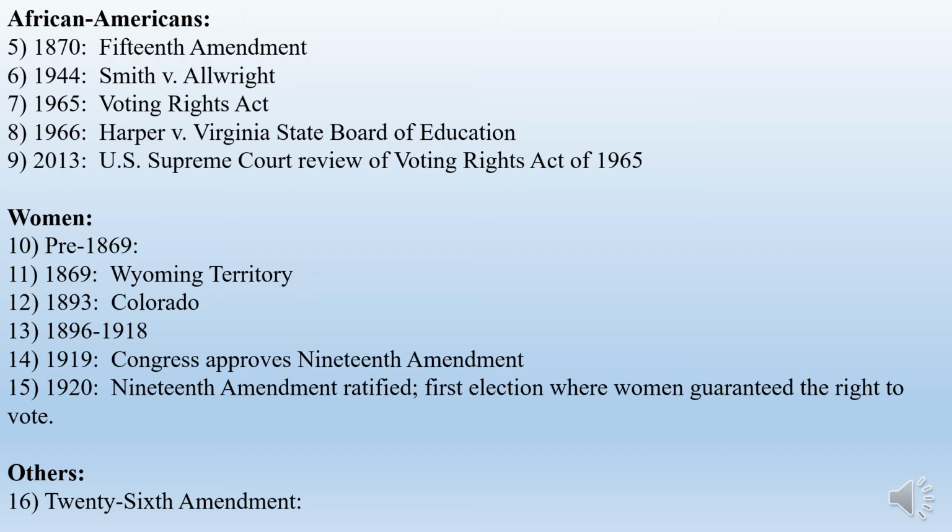Now, one other evolution of voting is, I can't remember the exact date, but the 26th Amendment, and it'll come to me in a minute. 1971, that's the date. In 1971, Congress will approve and the states will ratify the 26th Amendment. And this came around because of Vietnam, the Vietnam War. 18-year-olds were being drafted.